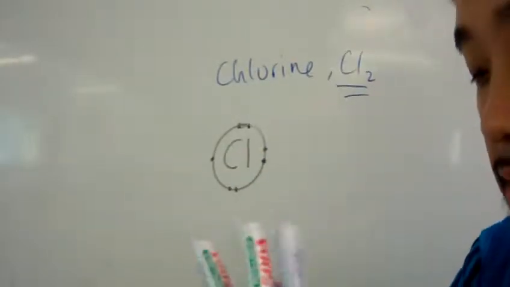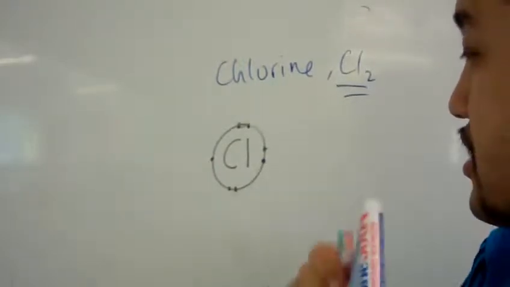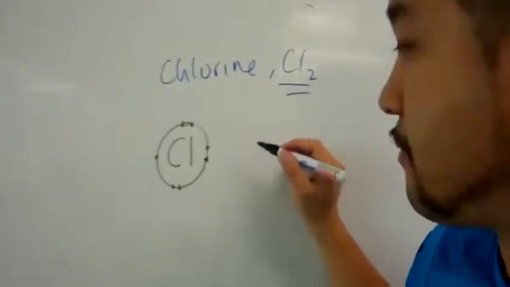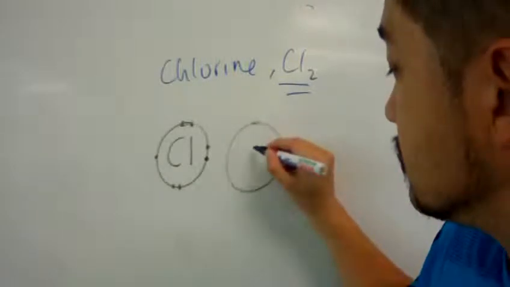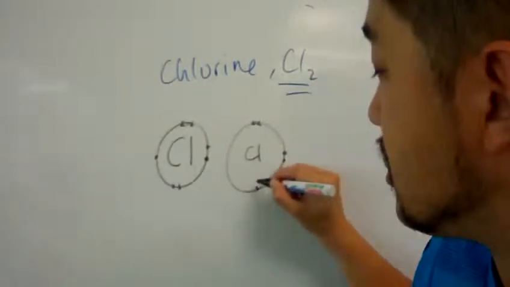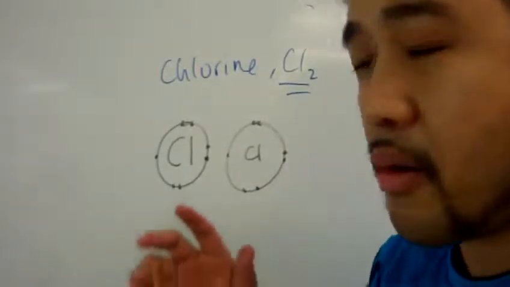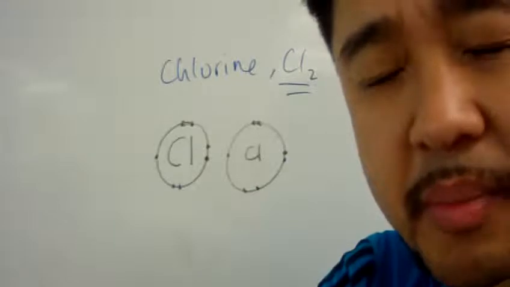I'm going to use this chlorine again, because they're the same molecule, so I'll use the same color. They should be the same size, but my drawing is not perfect. There you go. Now, where is chlorine on the periodic table?